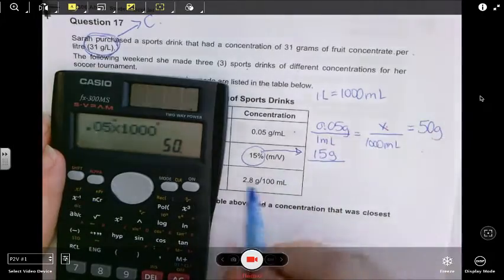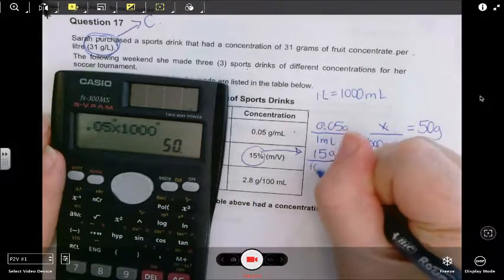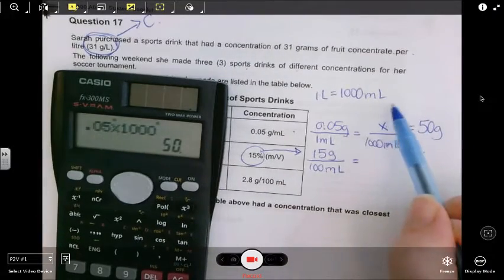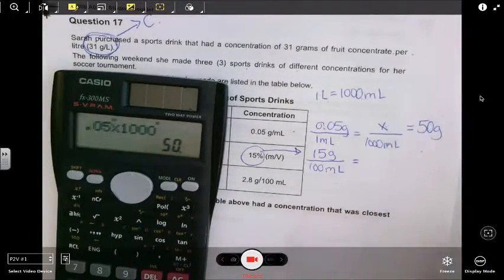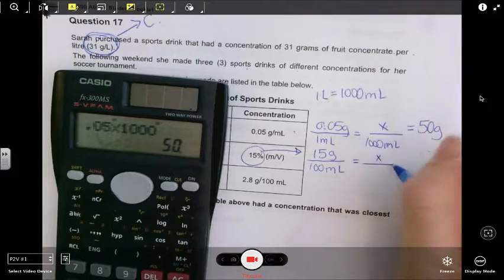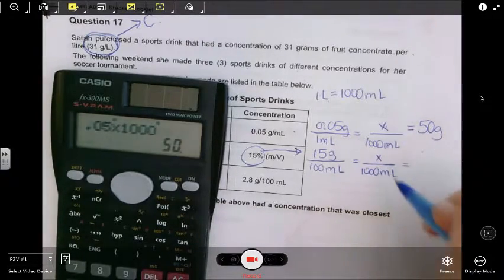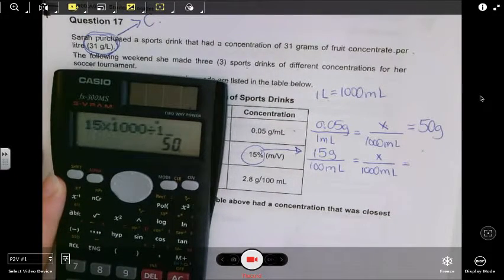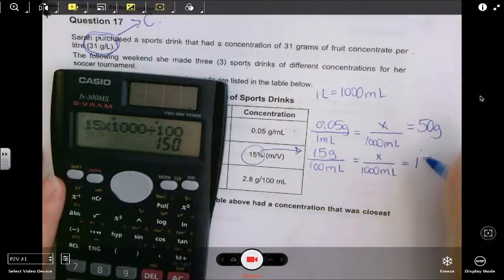But when it's talking about percent, that always means per 100 milliliters. And same thing, we're still trying to figure out how many there is in 1 liter. So we're going to put equals X over 1,000 milliliters. So again, you're going to do 15 times 1,000 and then divide by 100.